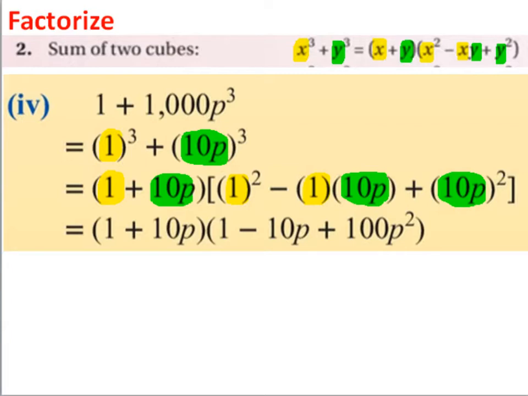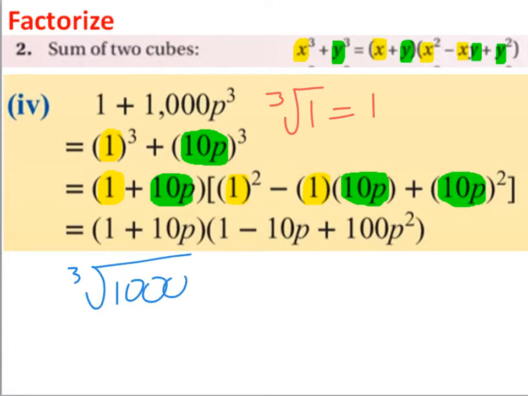So the first thing we want to do is get the cube root of 1. The cube root of 1 is just going to be 1, because 1 by 1 by 1 is 1. So 1 can be rewritten as 1 to be cubed. And next we want to get the cube root of 1000p cubed. So the cube root of 1000p cubed is going to be 10p, because the cube root of 1000 is 10 and the cube root of p cubed is p.